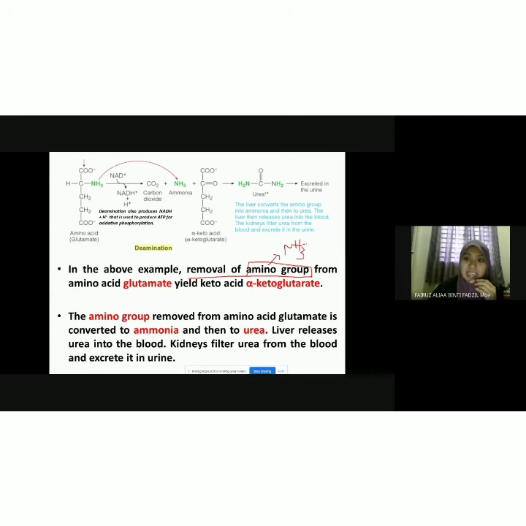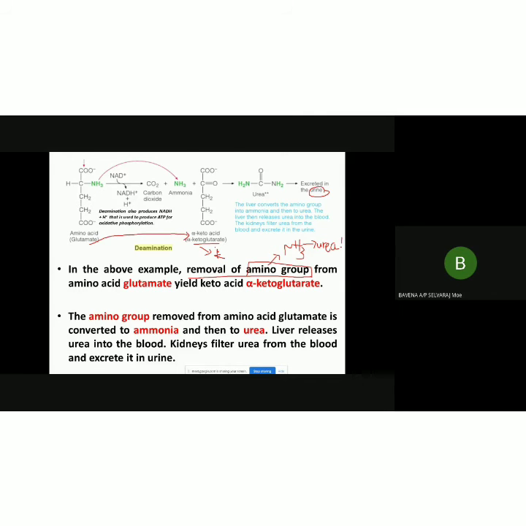Then this ammonia is converted to urea, and the urea is excreted in the urine. Removal of the amino group from glutamate becomes alpha ketoglutarate. Alpha ketoglutarate will enter the Krebs cycle to generate ATP.